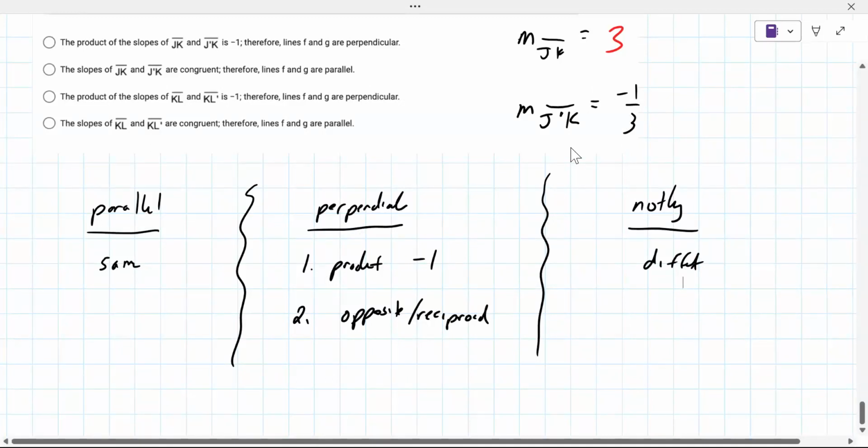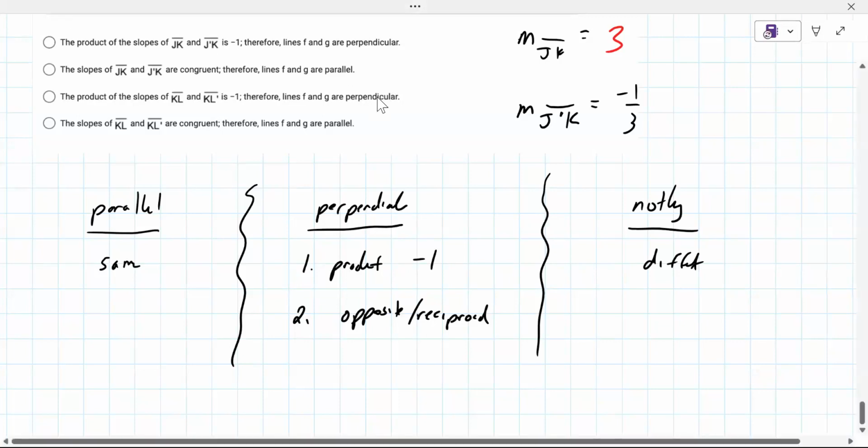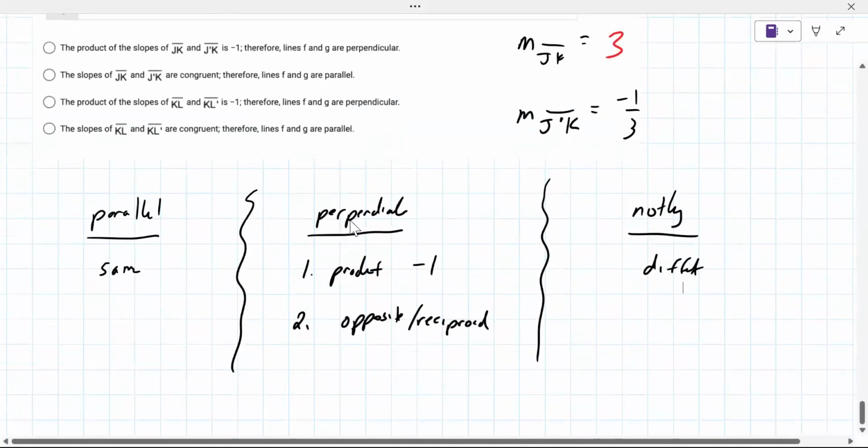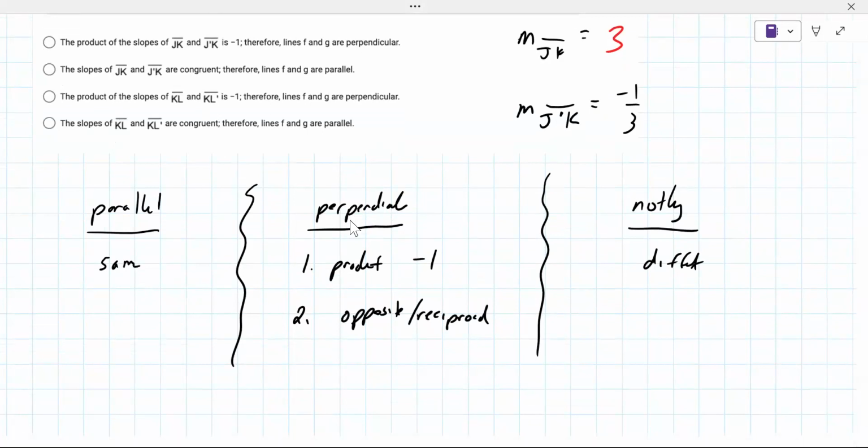Got it. Oh yeah, it tells you that in the proof. So what is the answer? It'd be number one. The other one talks about KL and KL prime.